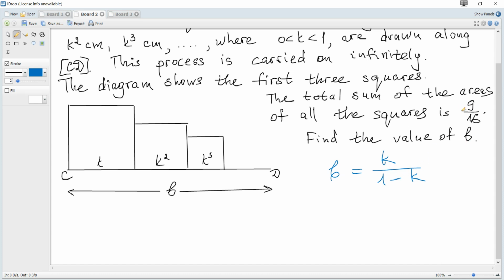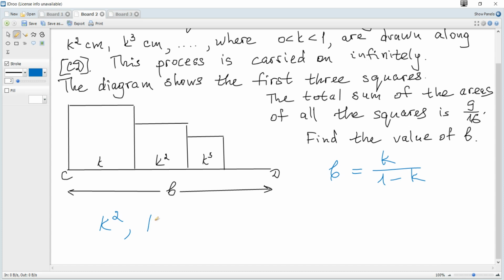It is also given the sum of all squares, so it's the sum of areas up to infinity. So let's consider the values of areas. Since it's a square, and the side length is k, the area is k squared. And this area is what?